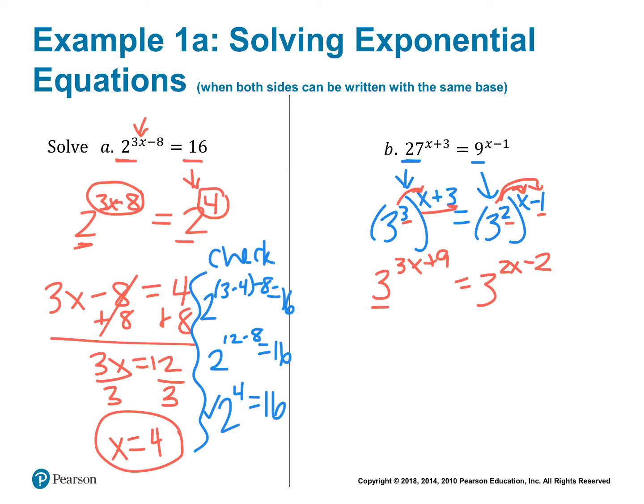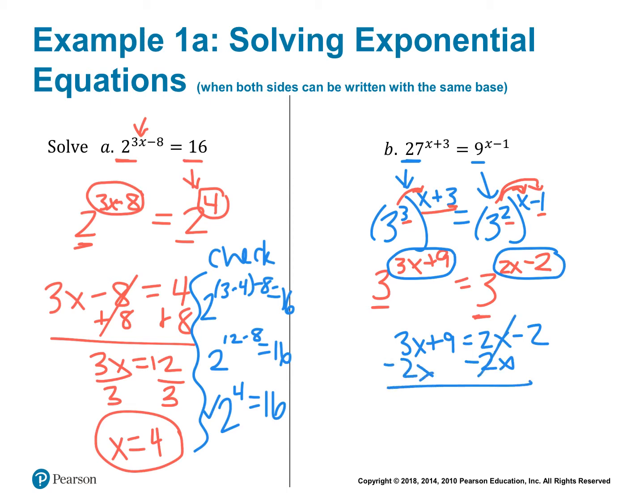Okay, so now that my bases are the same, I can go ahead and move forward. So I can compare this with this. 3x plus 9 equals 2x minus 2. Get my x's together. So that'd just be 1x plus 9 equals negative 2, minus the 9.